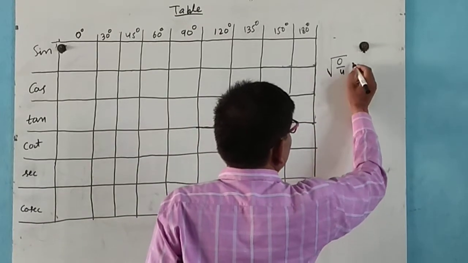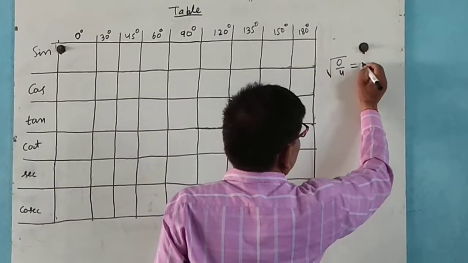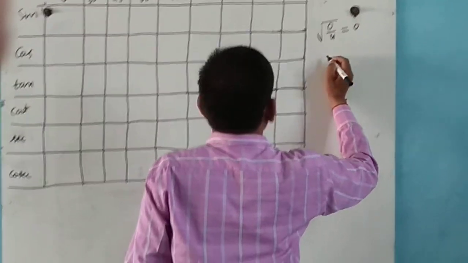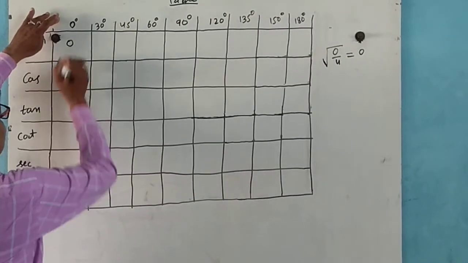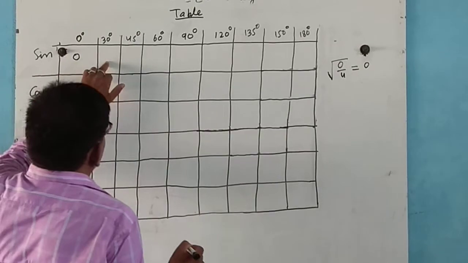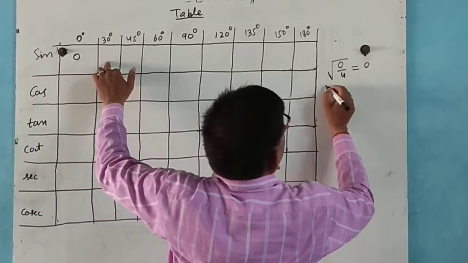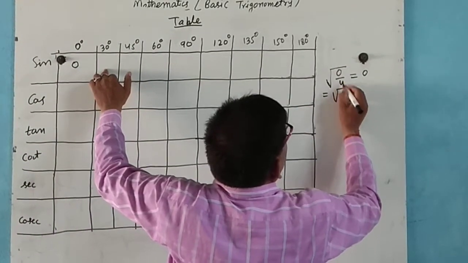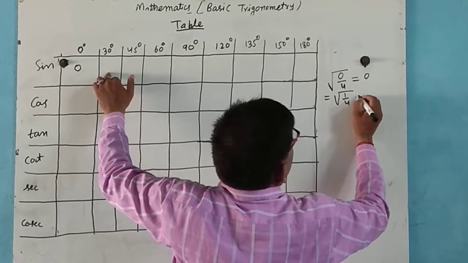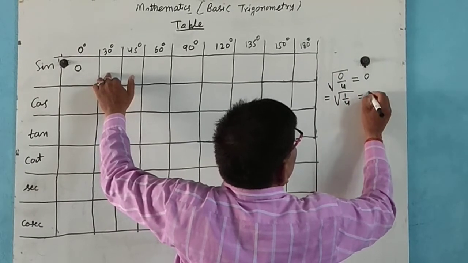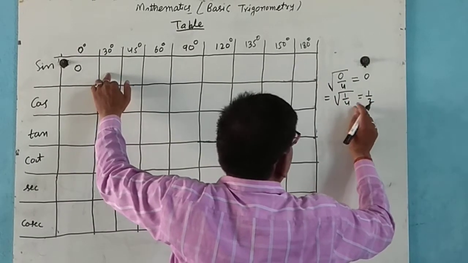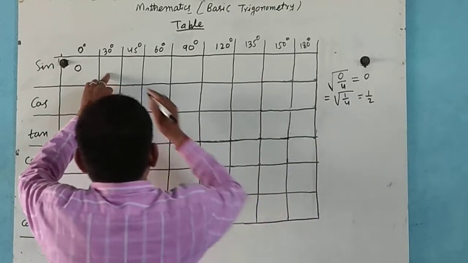Under 0 by 4, sin 0 degree means 0. Second column, sin 30 degree: here, under 1 by 4, it means 1 by 2.